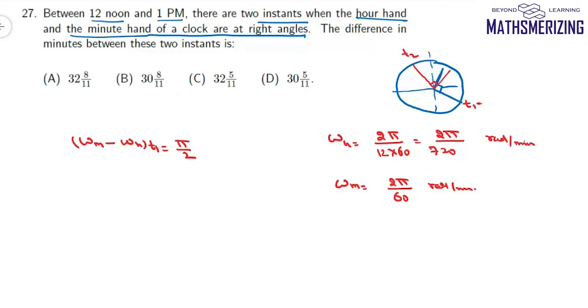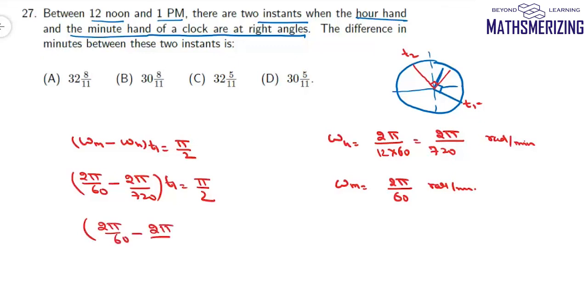It is 2 pi by 60 minus 2 pi by 720 into T1, and this value is pi by 2. Now at T2 we can write this equation as 2 pi by 60 minus 2 pi by 720 into T2. Now at this time the angle between them is actually 3 pi by 2. So this angle will be simply 3 pi by 2.